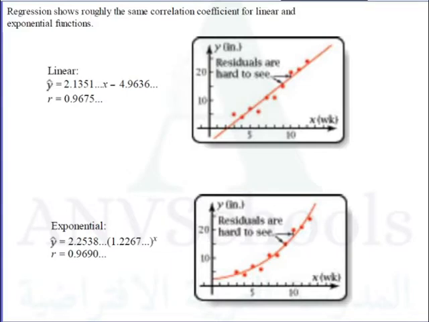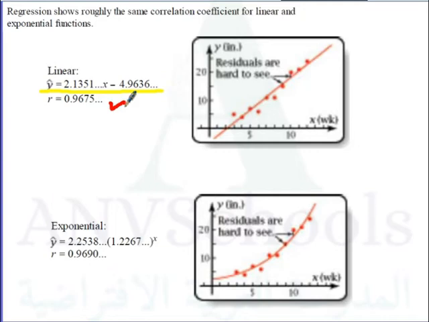Regression shows roughly the same correlation coefficient for linear and exponential functions. If we run the linear regression on our grapher, we will get this regression function: y hat is equal to 2.1351x minus 4.9636, and that is for the linear function.